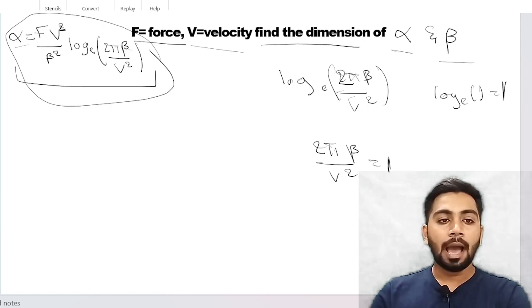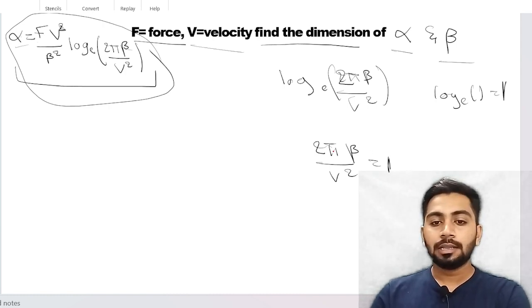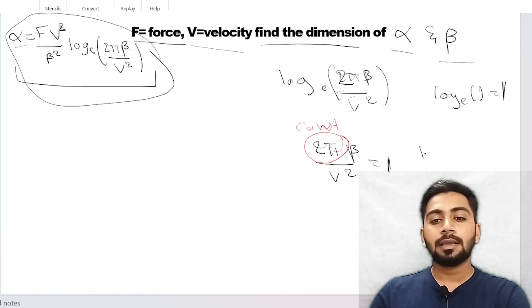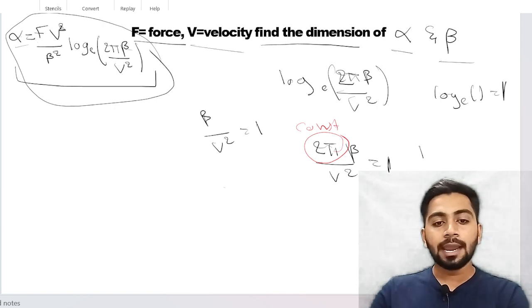This 2 pi is constant. What remains? Beta divided by v square is equal to 1. Now I can write beta is equal to v square.